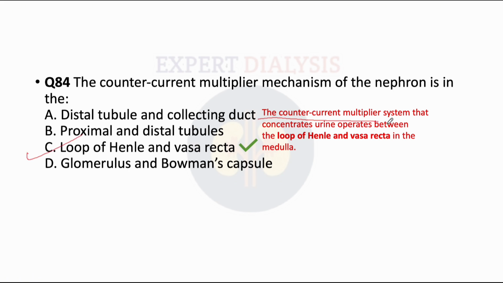The counter current multiplier system that concentrates urine operates between the loop of Henle and vasa recta in the medulla region. So what is the function of this counter current multiplier? It generally concentrates that particular area.